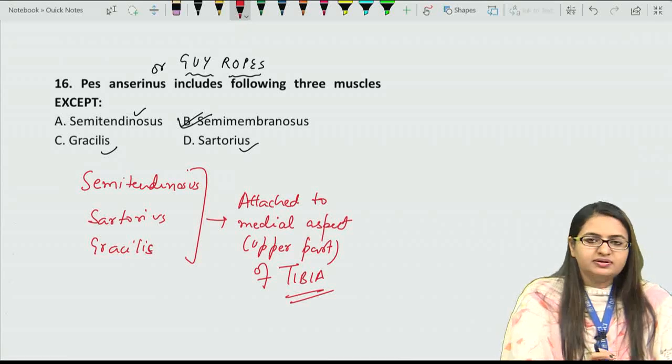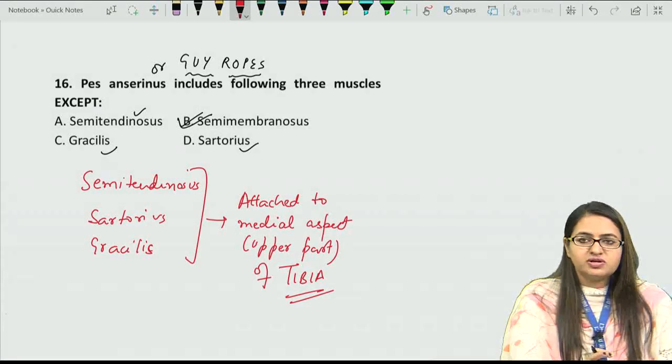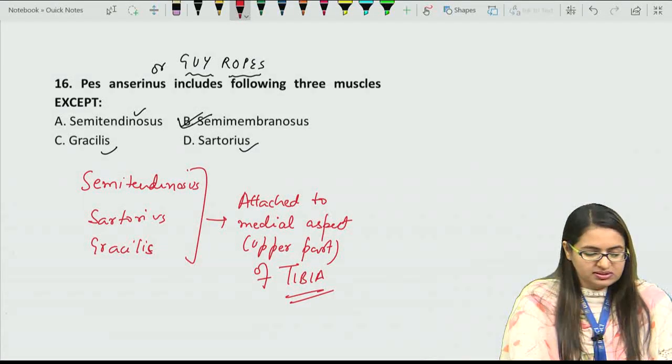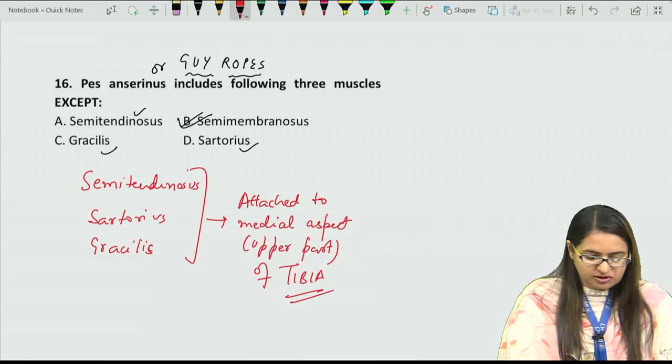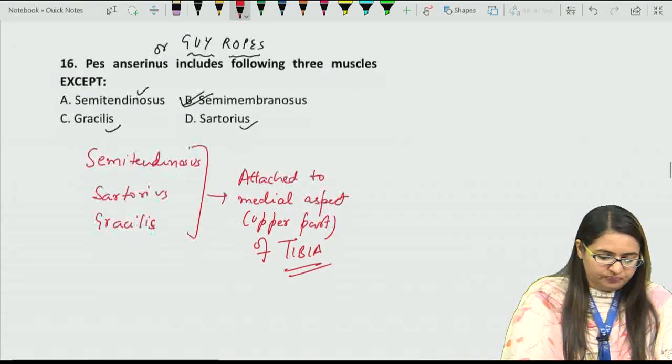Near its attachment there is an anserine bursa, which separates all these three tendons from each other, as well as from the attachment point on the tibia.